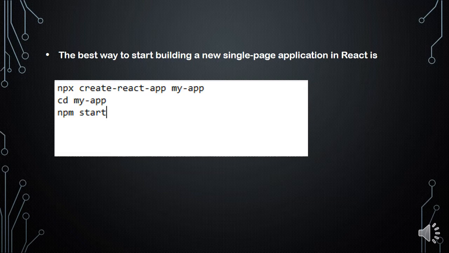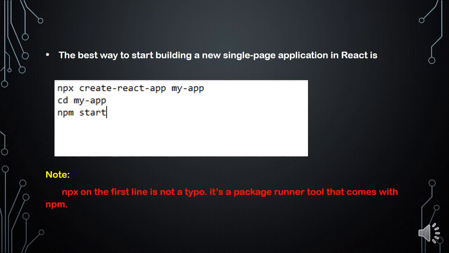If you write these three commands in your command prompt and hit enter, it automatically creates our app with this name. If someone asks what npx is, npx on the first line is not a typo. It's a package runner tool that comes with npm. If you go to the npm package manager website in your web browser, you can find it easily.